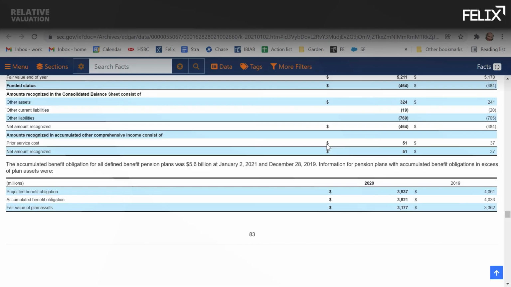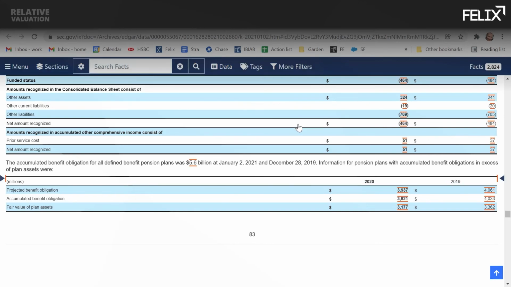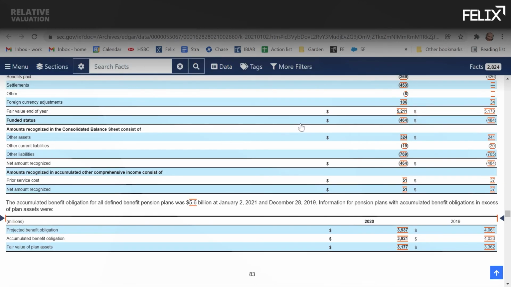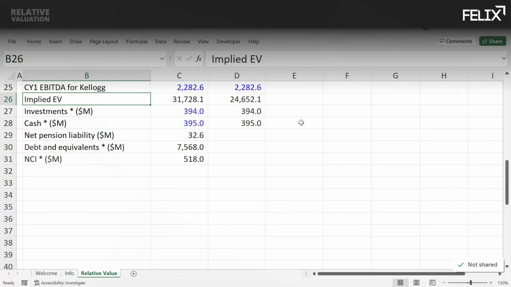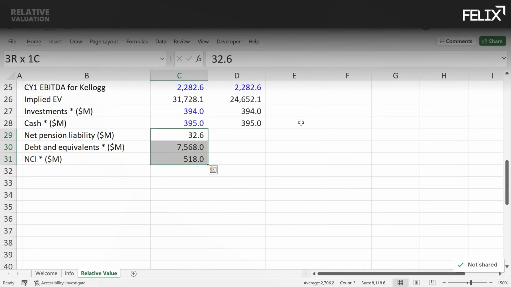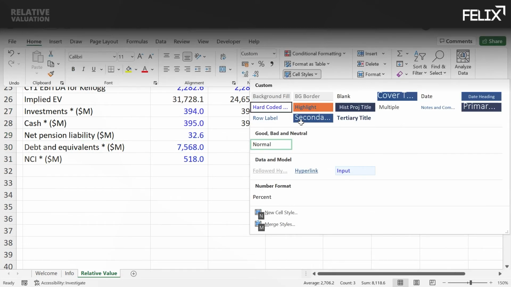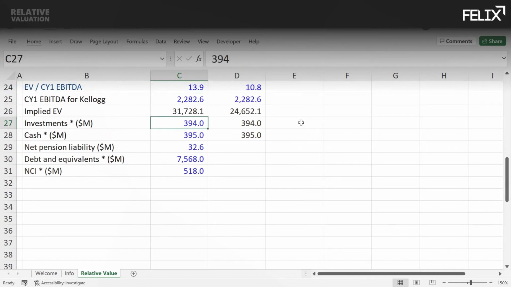If I click on pension assets, it takes me directly into the place in the filing where this number is coming from. Just fantastic. However, I'm now going to do the implied valuation and cross the bridge.